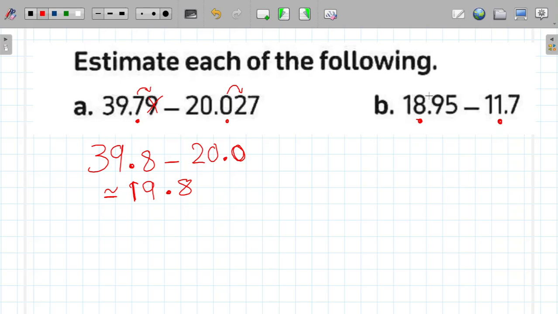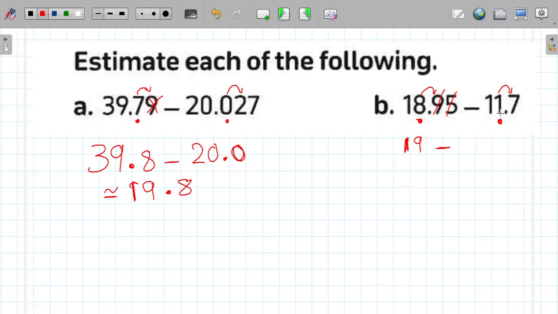The next digit here is 9, and the next digit here is 7. 9 here is a strong digit, so I will add 1 to 8, so it will be 8 plus 1 equals 9, and 1 stays the same, and the rest of digits will be cancelled, okay? So it will be just 19.